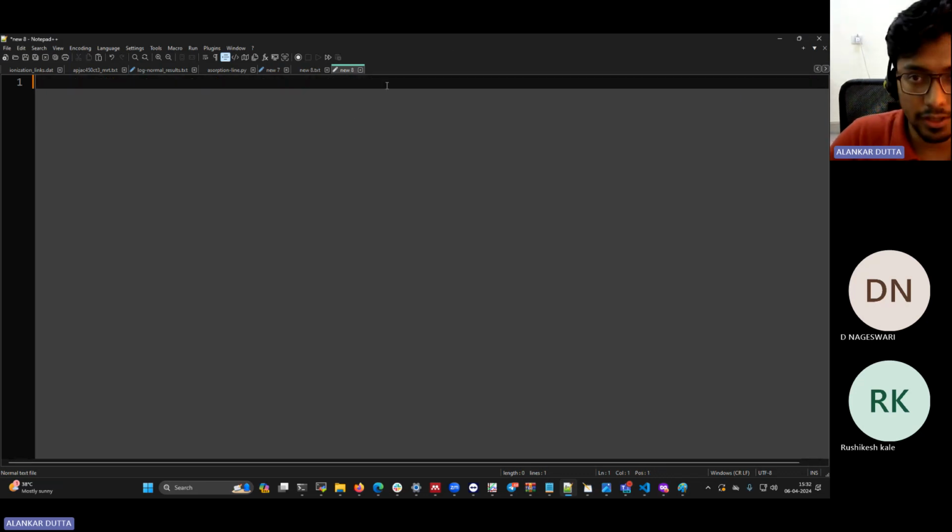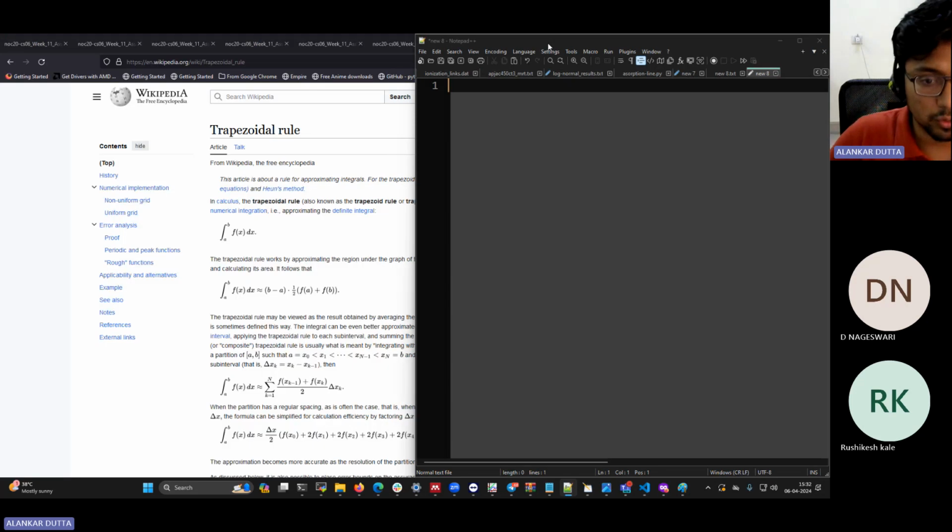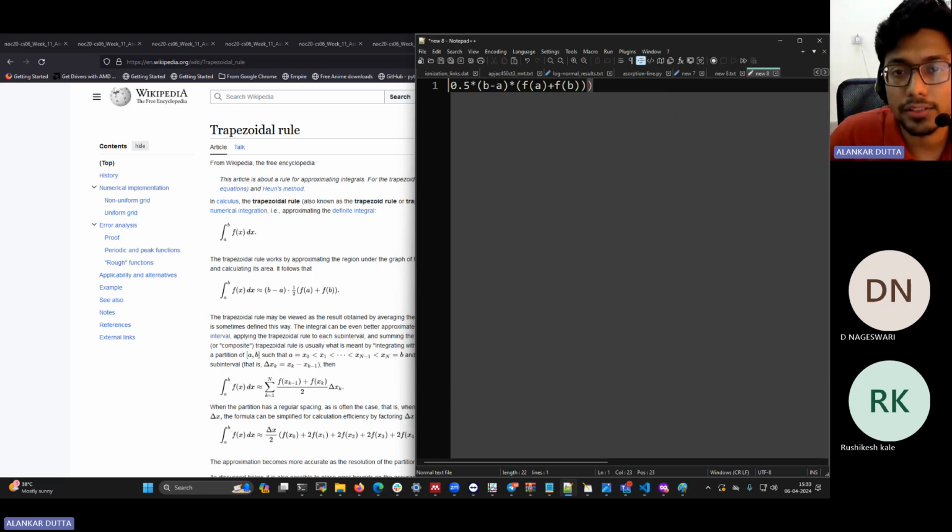We have only two extremes, so it will be 0.5 because of that half thing that you see here, times the size of it. Our size is from A to B, so it's nothing but B minus A. And then we have to find out f of a plus f of b, the value which we want to evaluate, right?